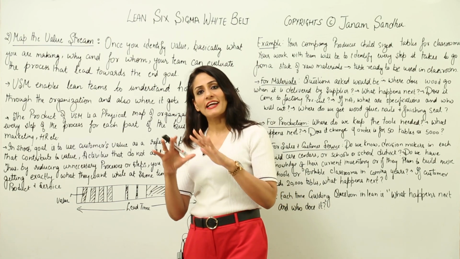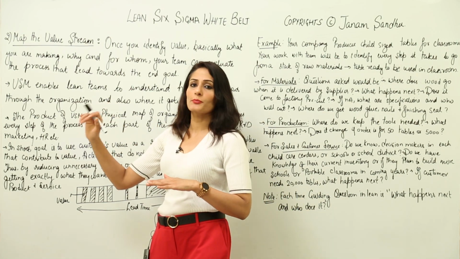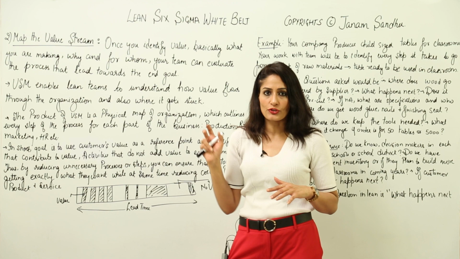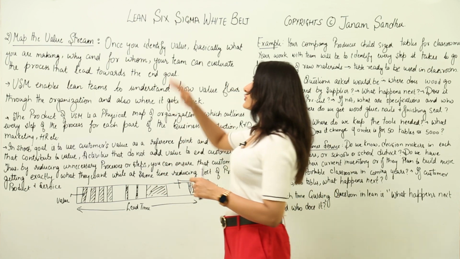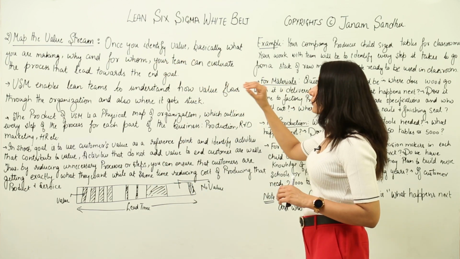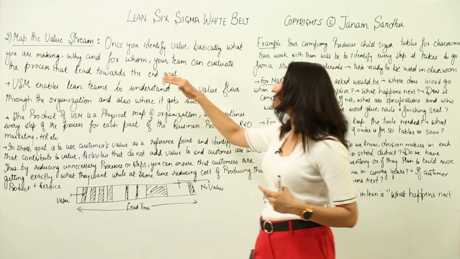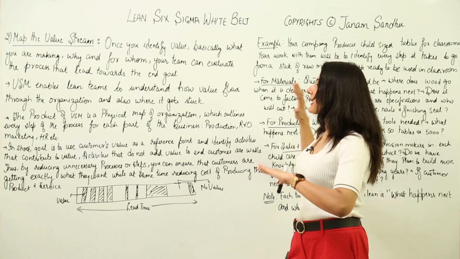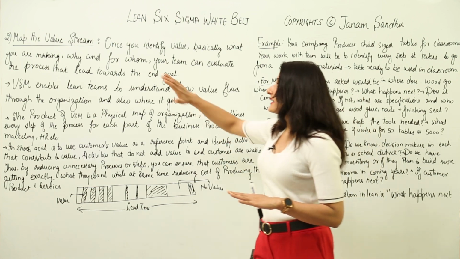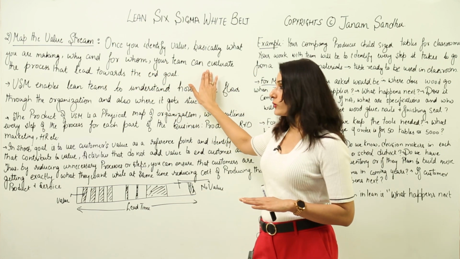After the team defines value, the next principle is to map the value stream. Once you identify what is value, basically what you are making, why you are making it and for whom you are doing that, your team can evaluate the process that leads towards the end goal, right?